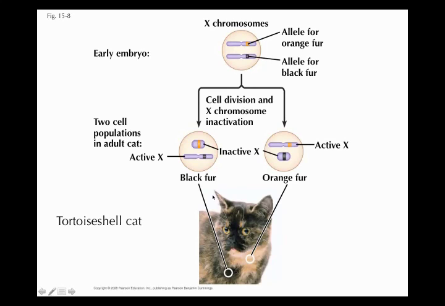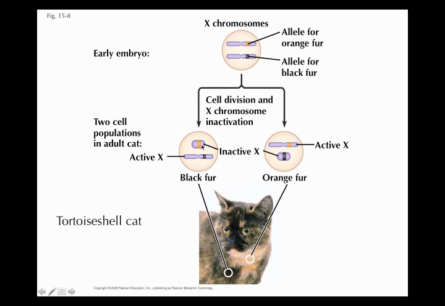So that's how you get tortoiseshell cats as well as calico cats. They have other patterning on top of them, but the basic patchy color is due to X-inactivation. There are alleles for orange and alleles for black fur. The female, in this case, is a heterozygote.